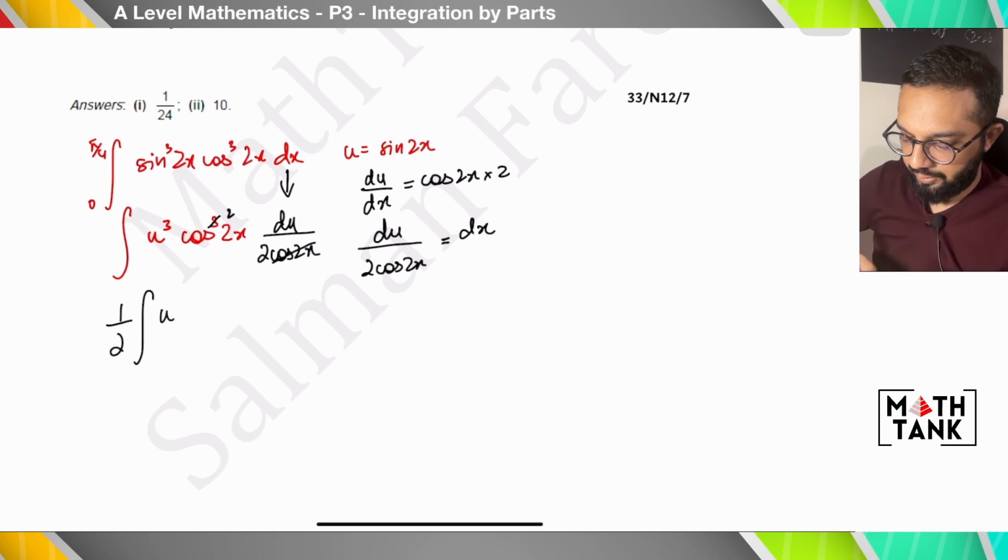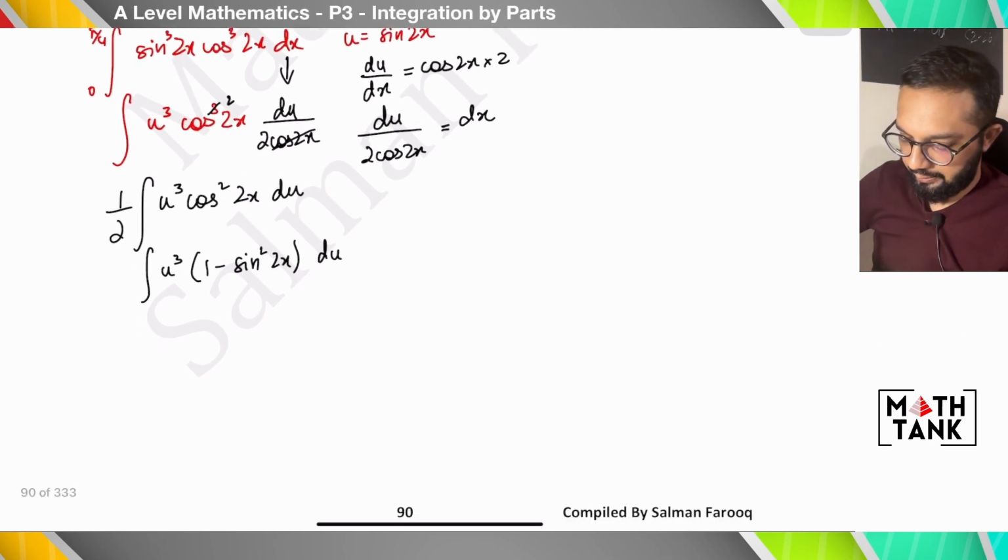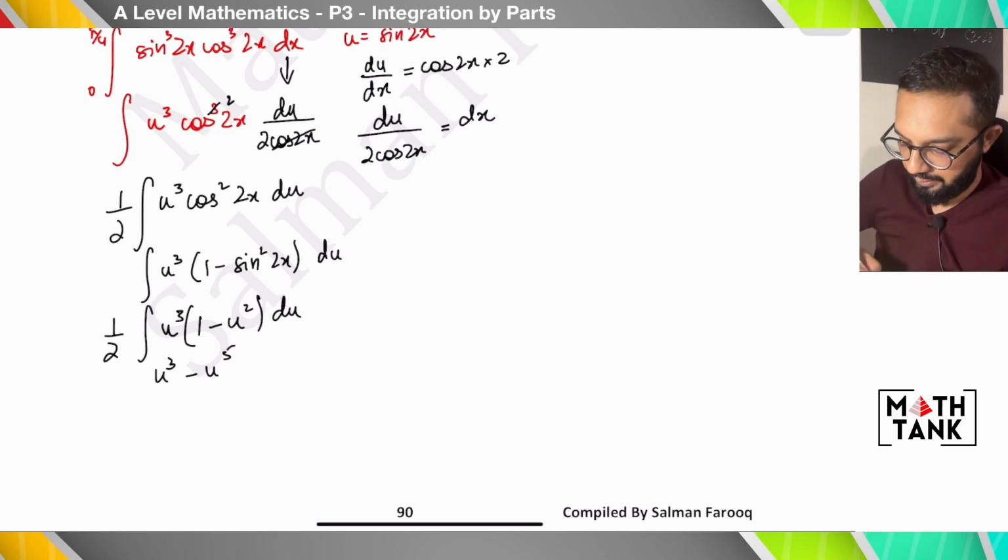So I have u cubed cos squared 2x du. Again, using the basic identity, I'm going to say that 1 minus sine squared 2x. So this gives me u cubed minus 1 minus u squared. There's a half outside. So u cubed minus u to the power 5.